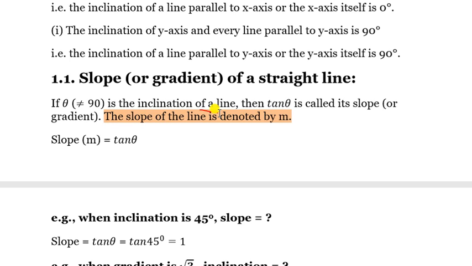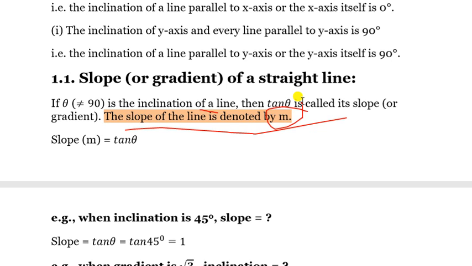We'll see one example afterward. It's very important: the slope of a line is denoted by m. You should know about this, because with the help of this m, theta and one more constant, we'll make one form of straight line. So slope and gradient are very important for making a straight line.